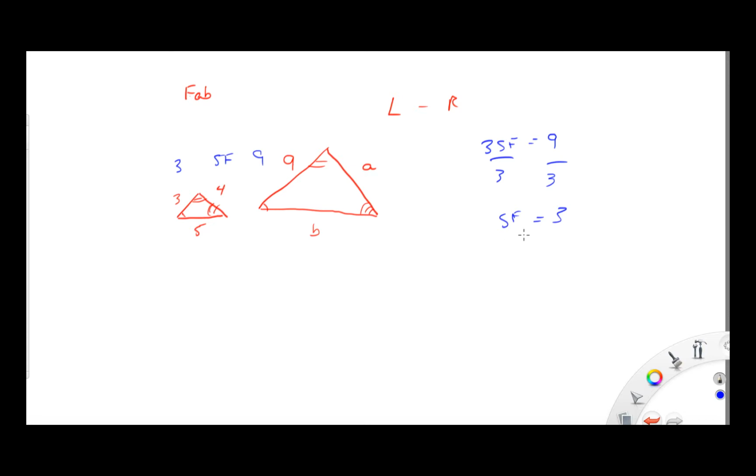So now I can use this number to multiply 3 times 5 and come out with B, and 3 times 4 and come out with A. And we'll see if it works. Well, 3 times 5 is 15, so B is equal to 15. And 3 times 4, or A, is equal to 12.